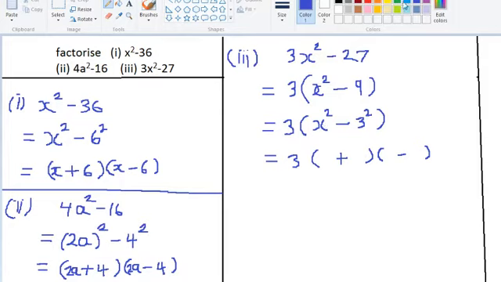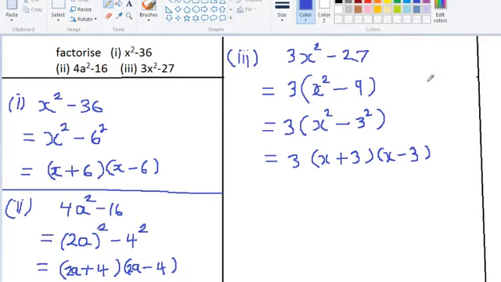The x will come here and there, so we'll have x and x again over here, and the 3 will come in this position and this position. So we'll write 3 over here and 3 over there.